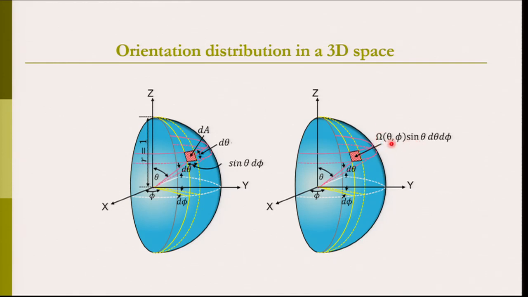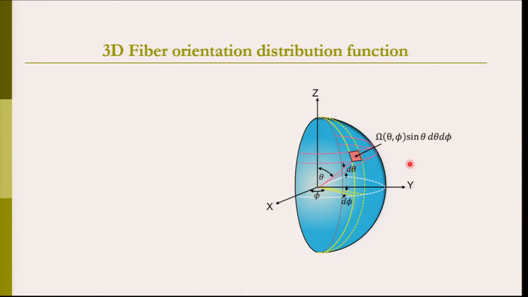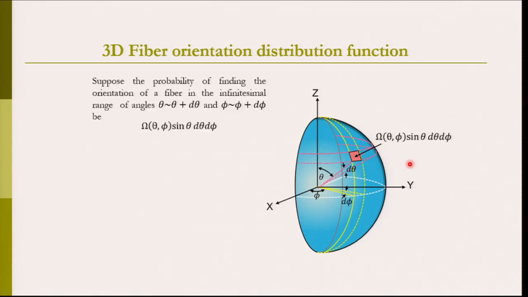That means omega theta phi is the probability density function which represents how many fibers are covering a defined region, in this case dA. If you multiply omega theta phi with sin theta d phi, you will be able to calculate the relative frequency of fibers. So, let us try to calculate the three-dimensional fiber orientation distribution function.